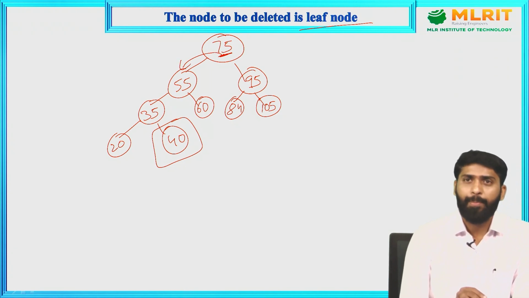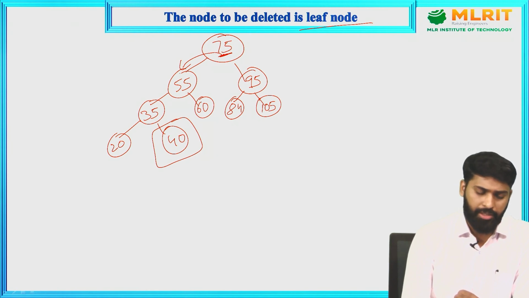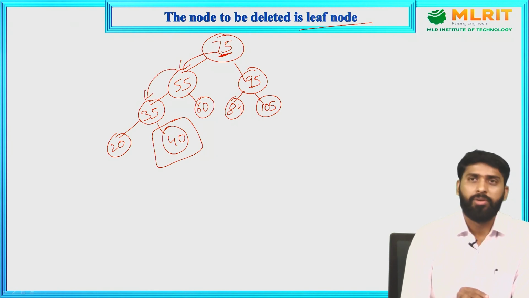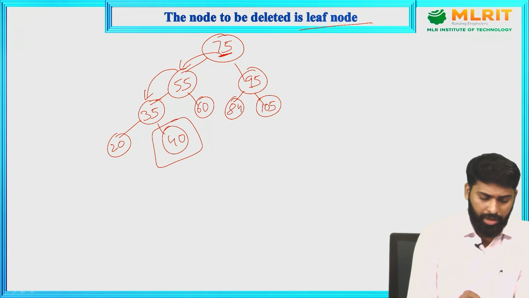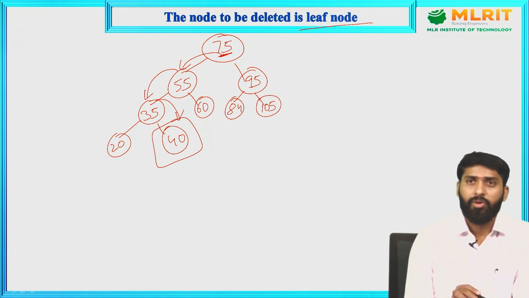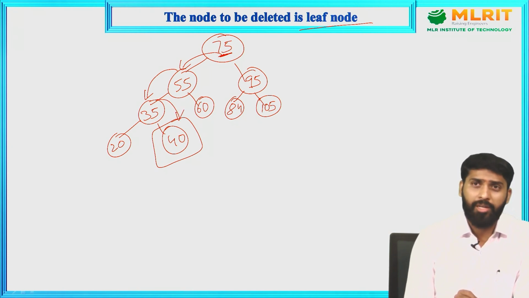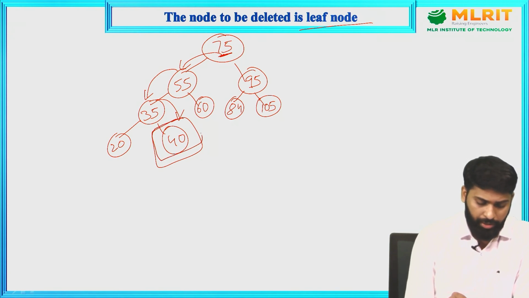Again compare 40 with 55: 40 less than or equal to 55, yes, it is true. So again traverse to the left side. Now compare: is 40 less than or equal to 35? No, 40 is greater, so traverse to the right side. Now compare: is 40 less than 40? No. Is 40 greater than 40? No. Both cases fail, which means 40 is found.